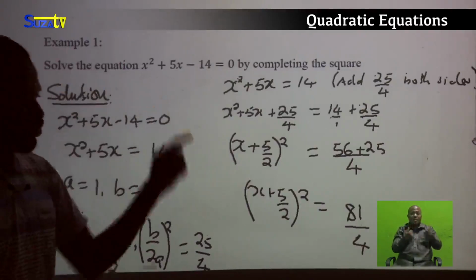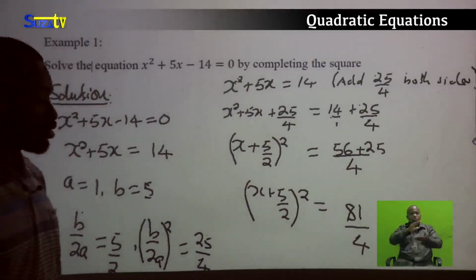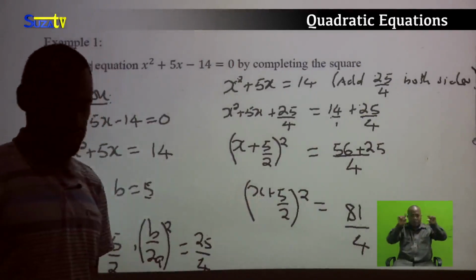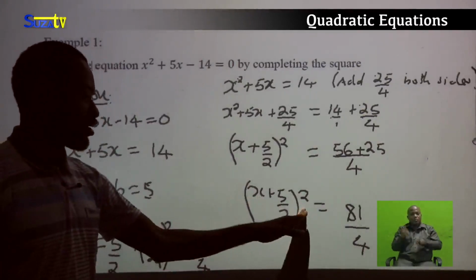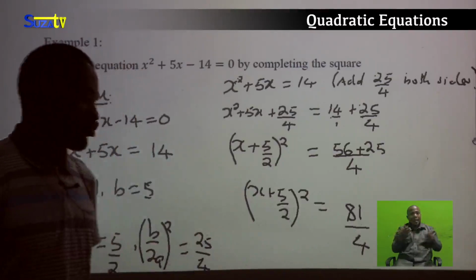So now what we need here is just to find the value of x, because we have been told to solve the equation. To solve it means to find the value of x. So now we have the square and the value. What are we supposed to do here?